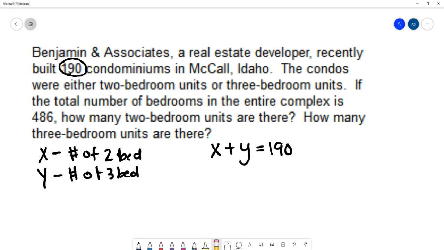And then some more information is given. Here it says the total number of bedrooms in the entire complex is 486. So I know I can multiply 2 times the number of 2-bedroom condominiums and 3 times the number of 3-bedroom condominiums, and that should equal the total number of bedrooms in the complex. So this gives me a system of equations that I can solve.